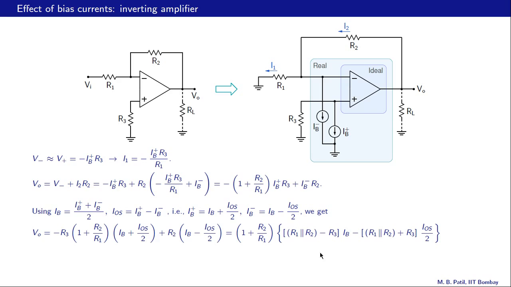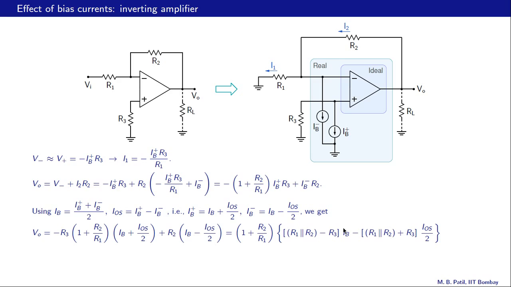Now in this equation, we have this 1 plus R2 by R1 outside the curly brackets, and within the brackets we have two terms, one involving IB and the other involving IOS by 2. And now what we can do is to take advantage of this minus sign here, choose R3 to be equal to R1 parallel R2, in which case this entire first term will vanish, and that will surely lead to a much smaller output voltage.